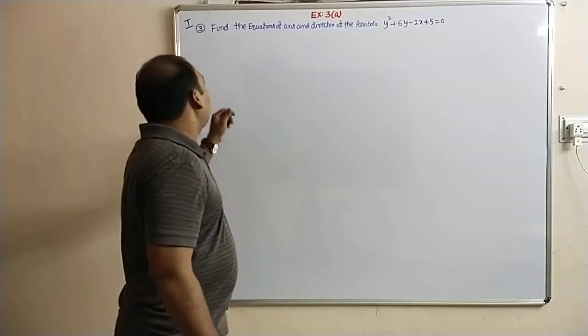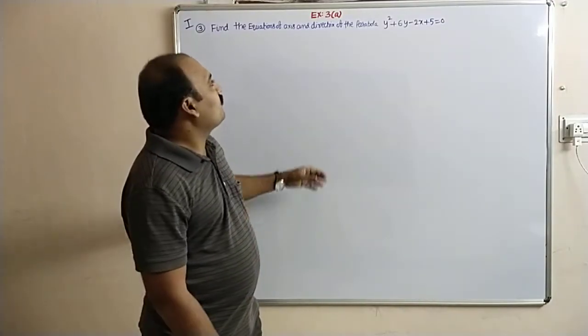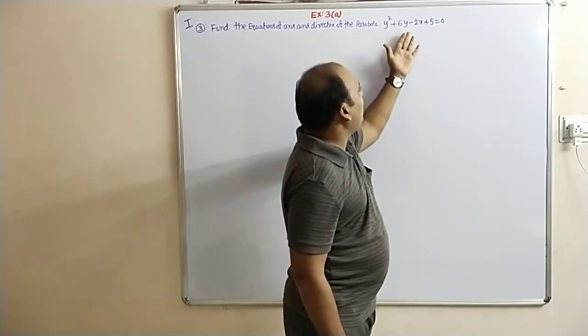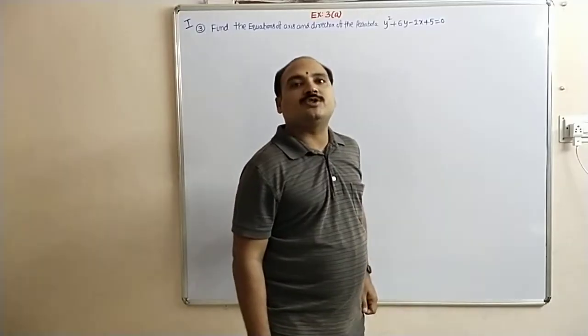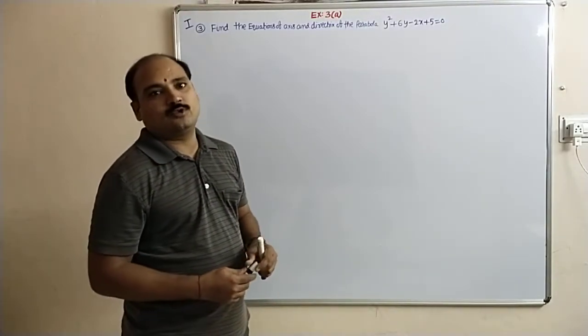The next question, find the equations of axis and directrix of the parabola y square plus 6y minus 2x plus 5 equal to 0. So here y is having square, so y square.